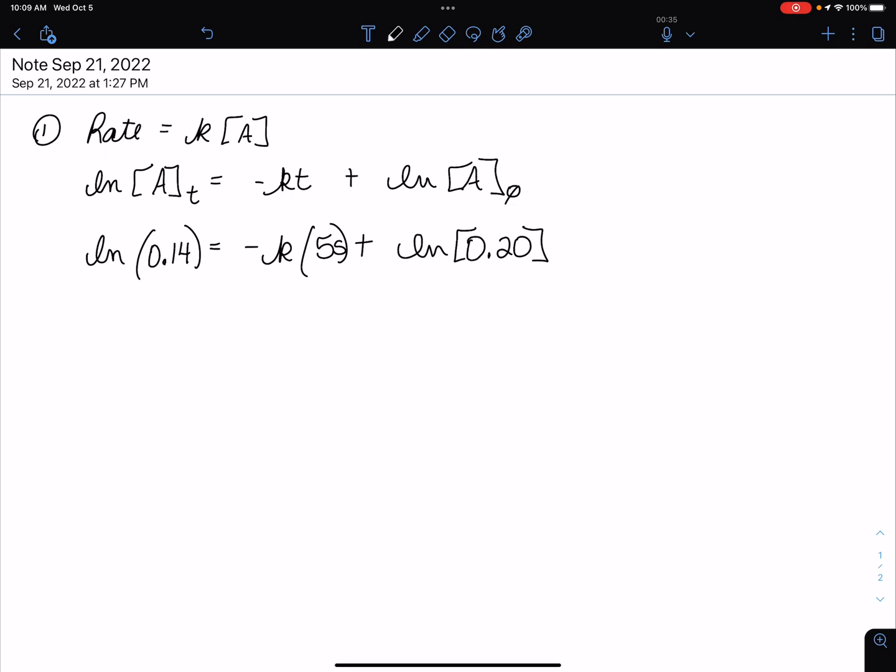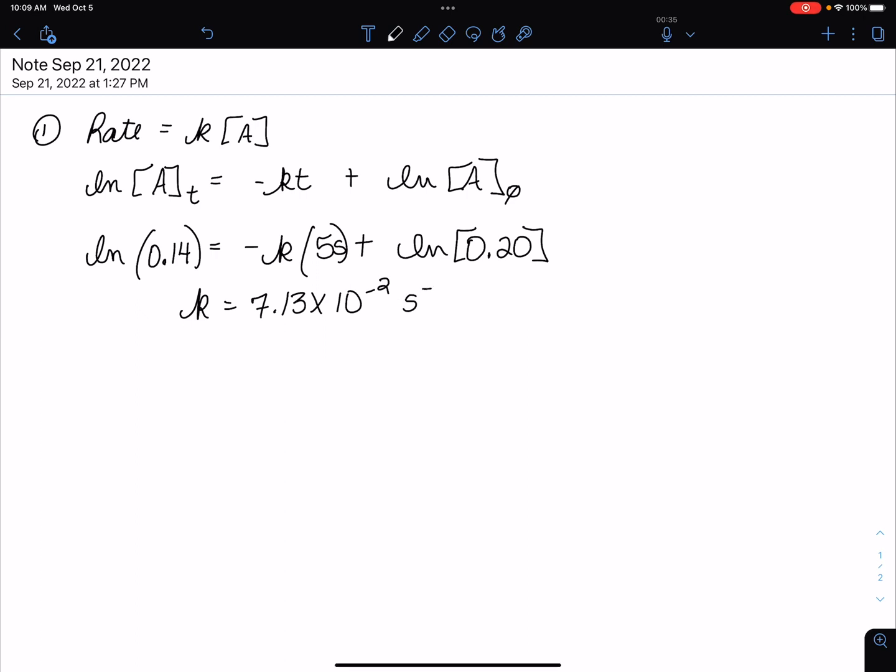Now when I punch this in my calculator and I solve for K, I get that K is 7.13 times 10 to the minus 2, and the units of that are s to the negative 1. Okay?